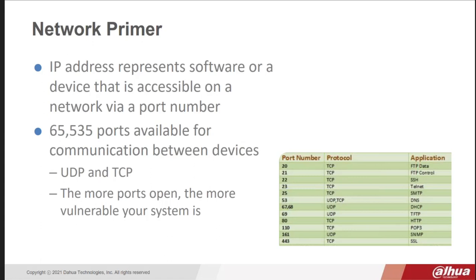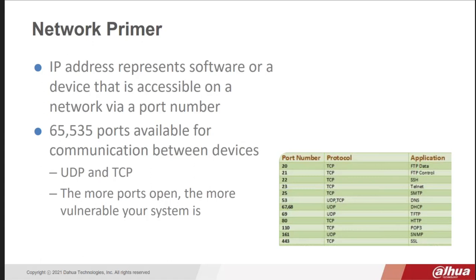Now, the table that you see in the lower right is just a simple table that shows some common port numbers for the services that you might see operational in a PC server, web server, home computer, maybe even your NVR. So you can see here that ports 20 and 21 are typically used for FTP communications. So if you've got a remote website and you want to add new content to it, you're probably going to upload new content using the FTP protocol.